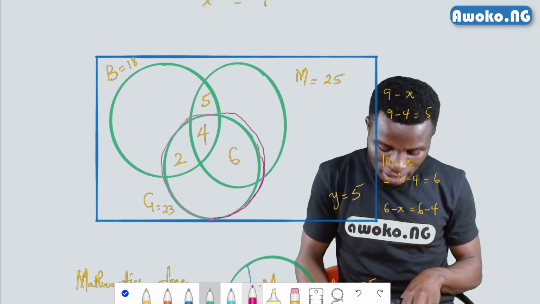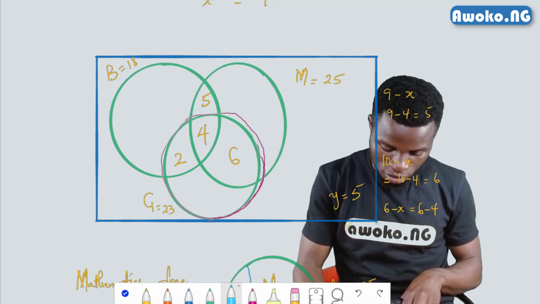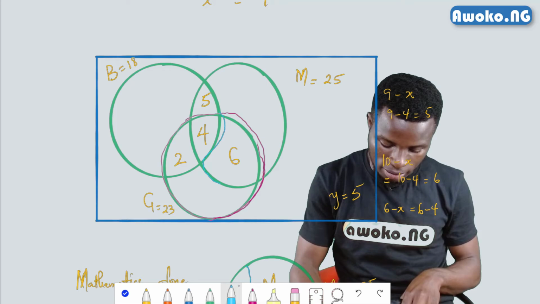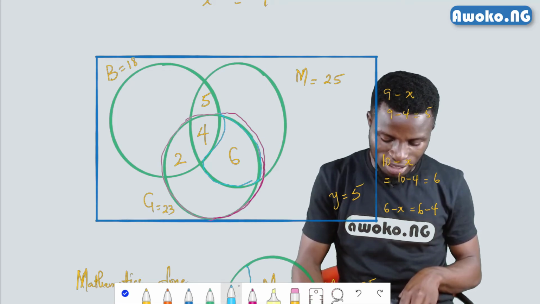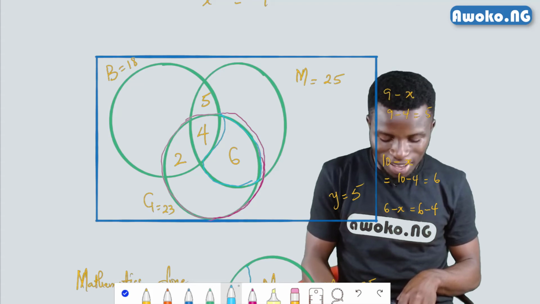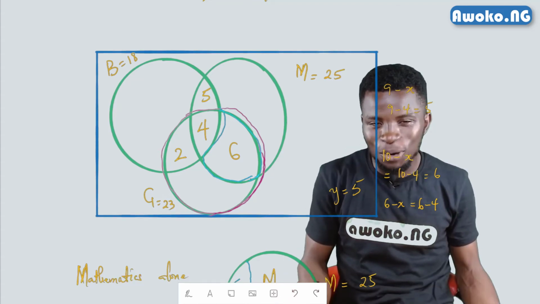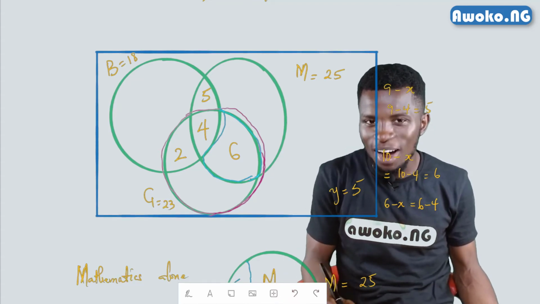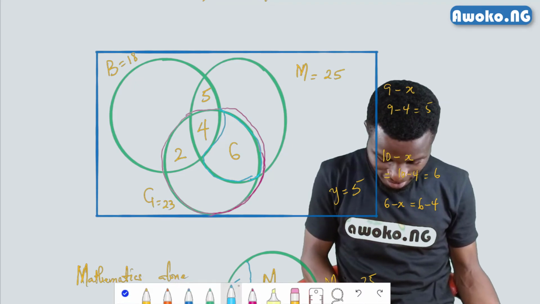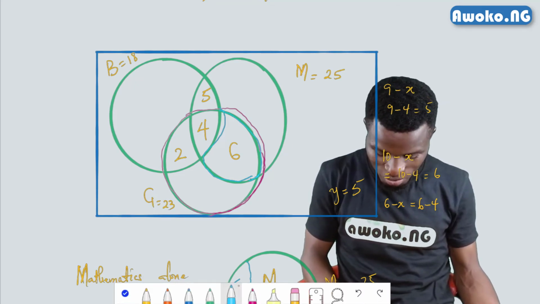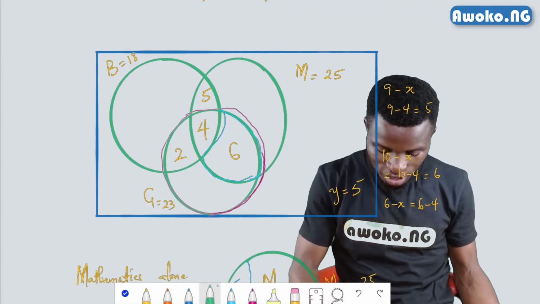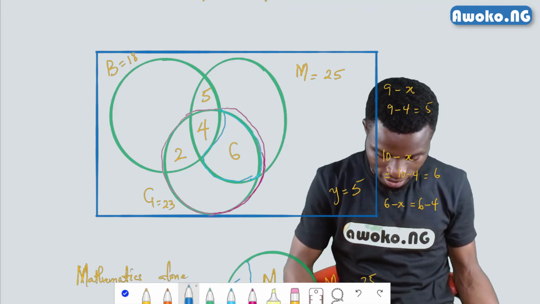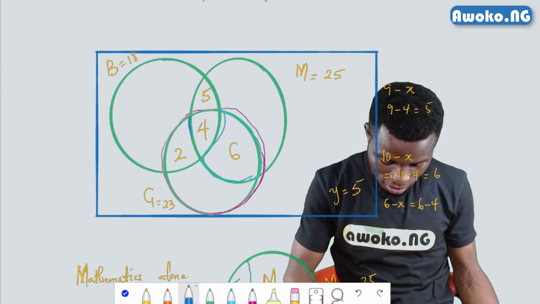So mathematics having this part should not be included. Therefore, the area we are considering are just these parts.